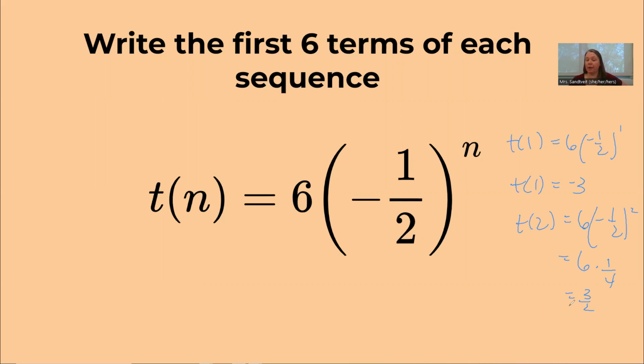Right, and I could keep doing it. You can also say, well, every time I'm going to multiply by -1/2. So if I know my first term is -3, and then I multiply that by -1/2, I get 3 halves. Then I multiply that by -1/2, and I get -3/4. And then I multiply that by -1/2, and then I get a positive 3/8. And you could just keep going and going. Once you notice that pattern, you can just use that pattern. You don't have to sit here and crank them all out.